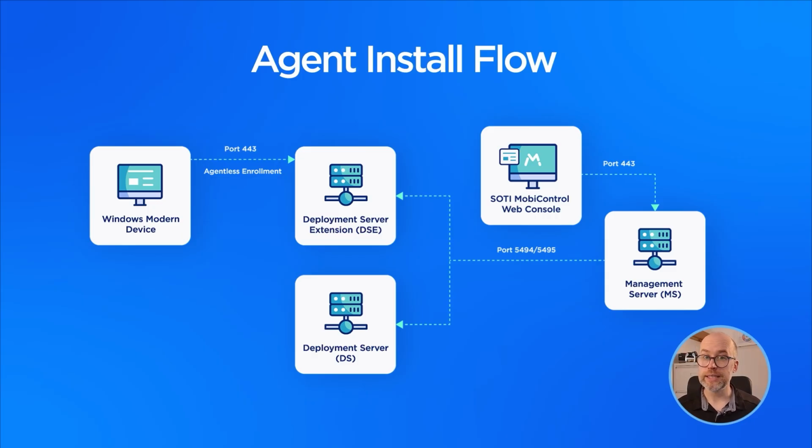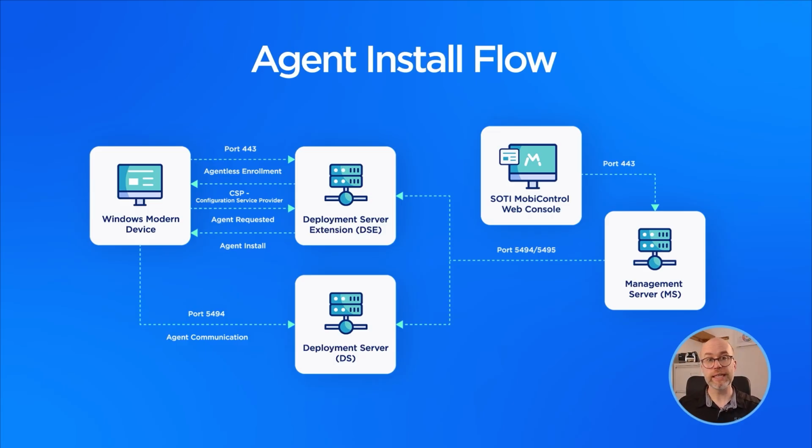Once the device is enrolled, the deployment server extensions will inform the device to install the SOTI MobiControl agent. The SOTI MobiControl agent provides additional advanced functionality such as remote control, file sync, and other options as well. Once the agent is enrolled, it also communicates to SOTI MobiControl to a component called the deployment server.